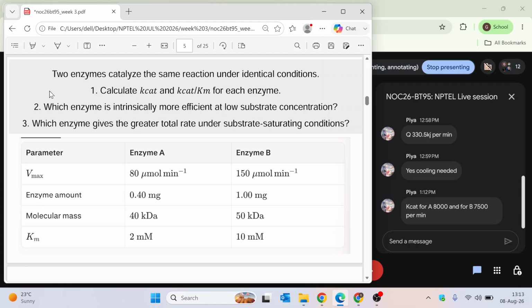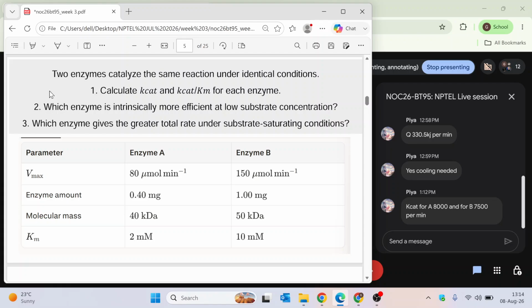So ideally 1 kilodalton is equal to 1000 gram per mole, and you also have the enzyme amount. So with that you can find out what your moles of enzyme is.